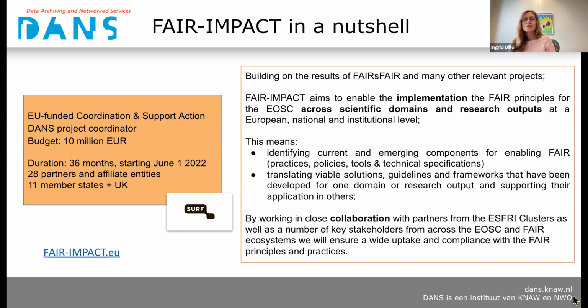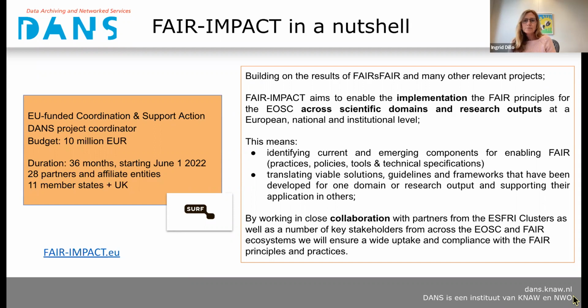But it also has a couple of new accents in it. So again, it is a project that is aimed at the practical implementation of the FAIR principles for the European Open Science Cloud. But there is a specific focus on making sure that we do that across scientific domains and across the different research outputs. And all of that also on different levels, European, national, and institutional.